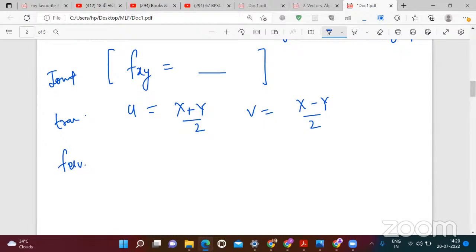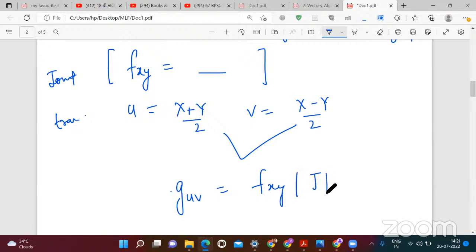In such cases, first see whether you are able to write x and y in the form of u and v or not. Here, for this example, we are able to write x and y in the form of u and v, so it is simply invertible. The simple formula is: the joint distribution of uv can be represented as fxy multiplied with the Jacobian.